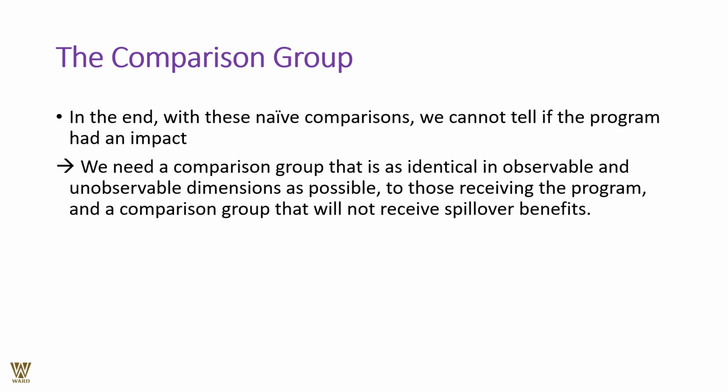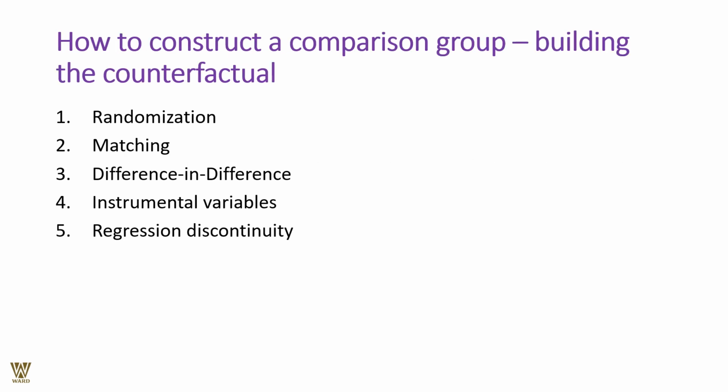So we require a comparison group where all the factors are more or less constant, that is as identical in observable and unobservable dimensions as possible to those receiving the program, and a comparison group that will not receive the spillover benefits, as the case might be. How do we construct a comparison group, building the counterfactual? Randomization, matching, differences in differences, instrumental variables, regression discontinuity.